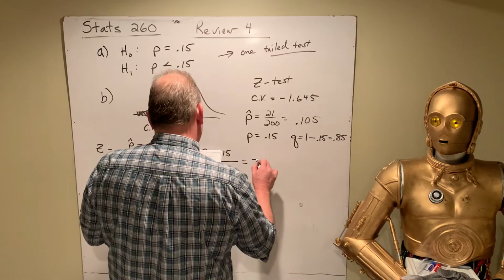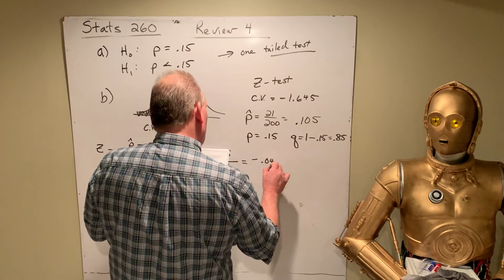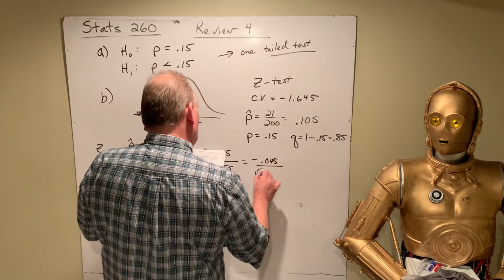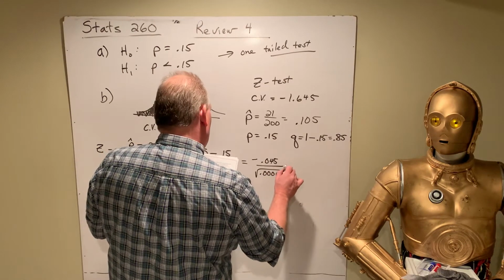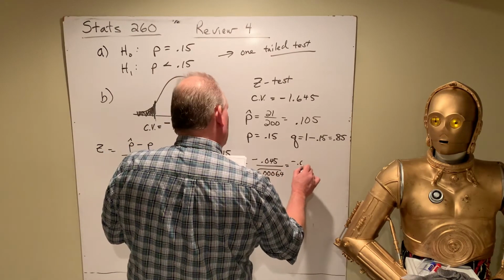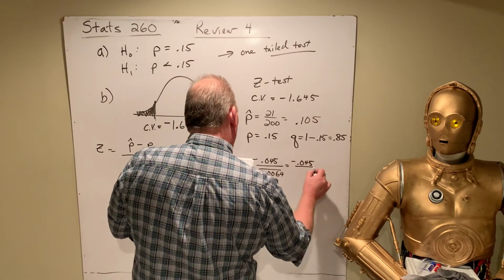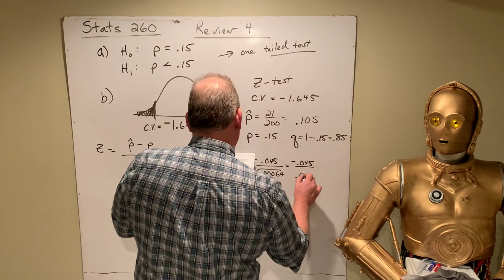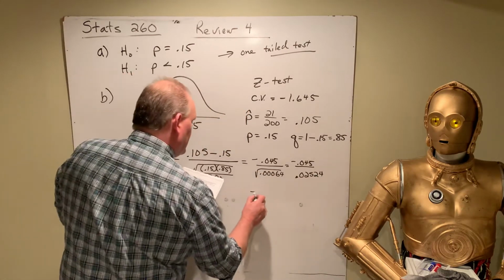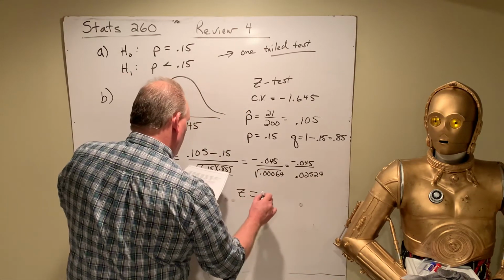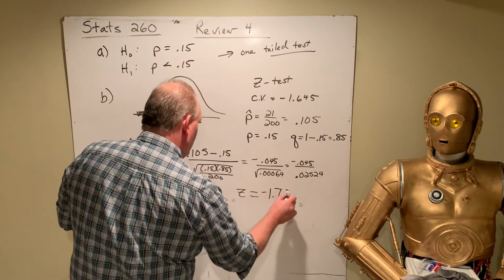So we end up with negative 0.045 over the square root of 0.00064. That is negative 0.045 over 0.02524. And so we're looking at a z-score of negative 1.78.